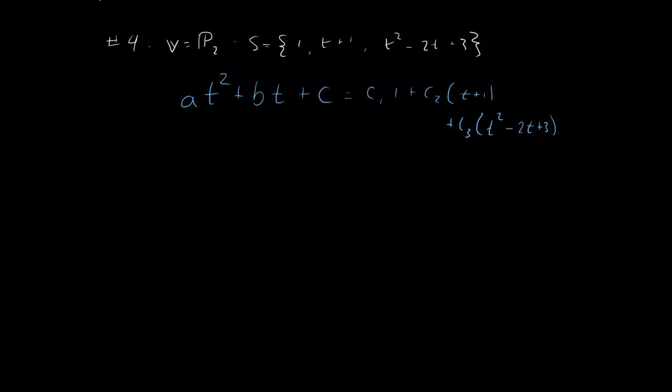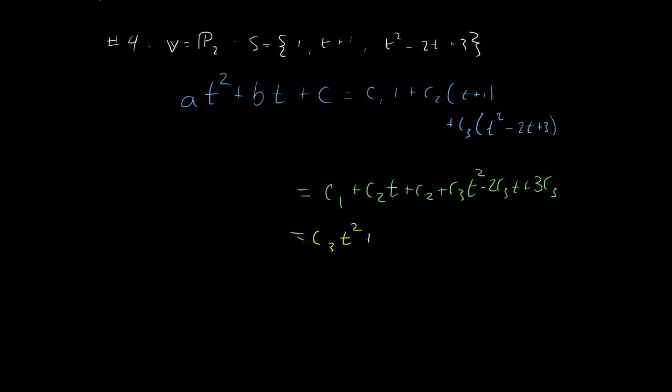So if I were to multiply the right-hand side, I'd have c1, plus c2 times t plus c2, plus c3 times t squared minus 2c3 times t plus 3c3. Okay, so let's group this in this way. So we have c3 times t squared. Maybe do it color-wise.